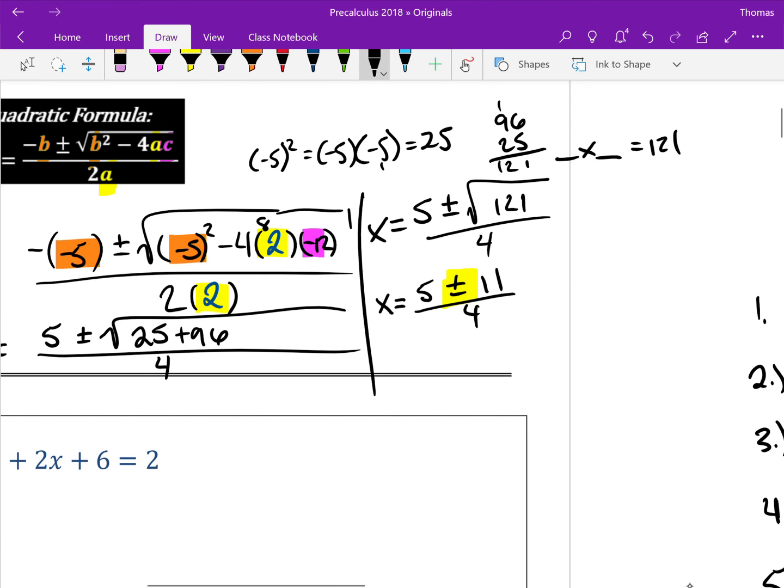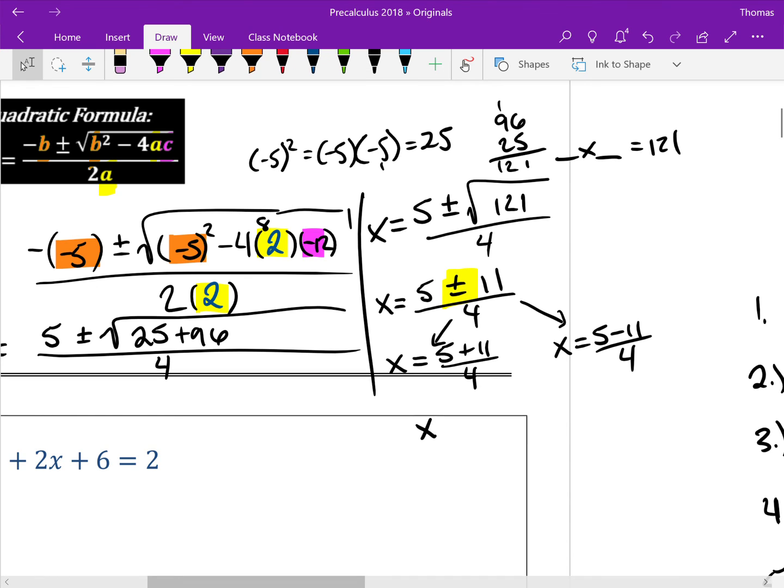If I take this a step further, I'm going to get x equal to 5 plus 11 all over 4. That's one of our solutions. The other one is if it's minus, x equals 5 minus 11 all over 4. One more step simplifying, x equals 11 plus 5, that's 16 over 4, which is just 4.